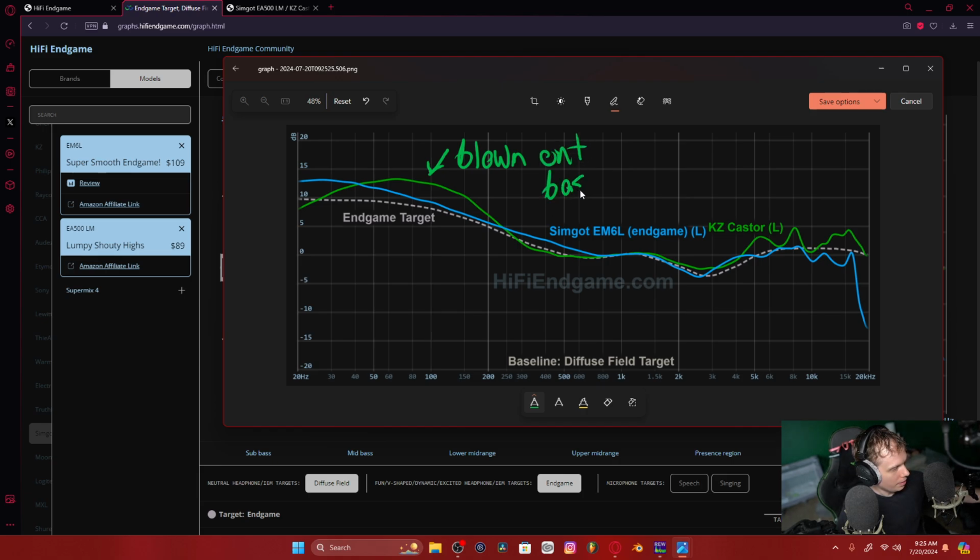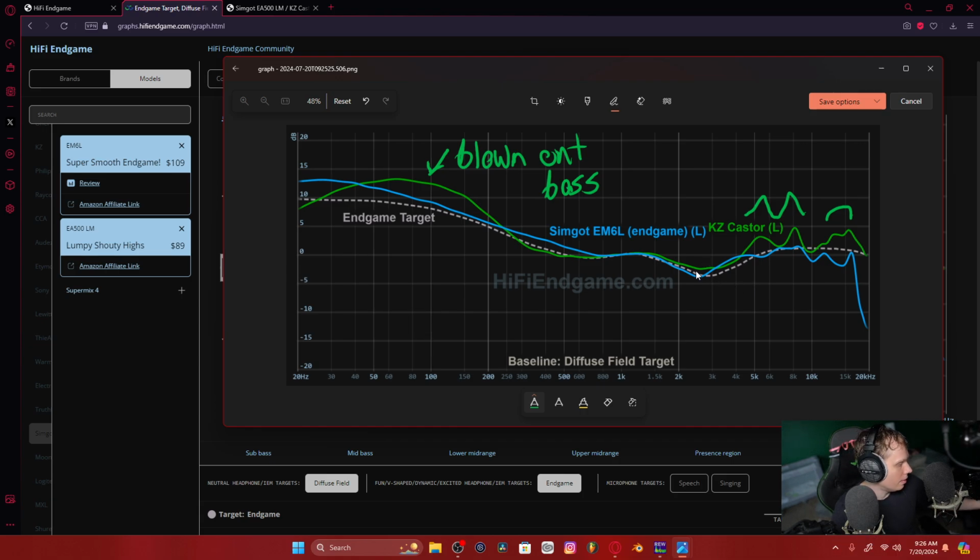So we can see the bass is blown out on the KZ Caster. We can see that there are some peaks in the highs here that's going to make it sound really colored and fatiguing that goes over the target.